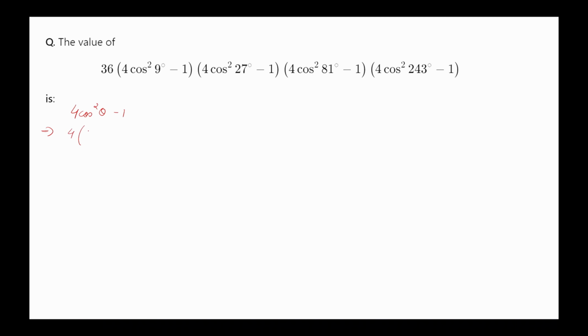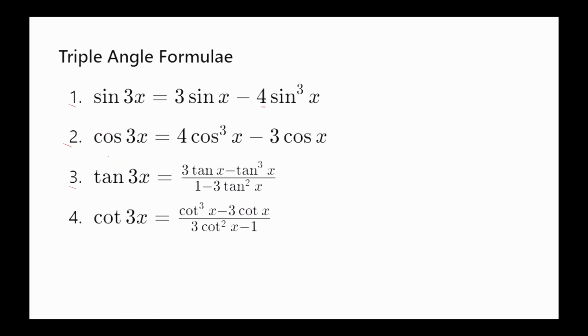So I'll write it as 4 of 1 minus sine square x minus 1. So this would become 4 minus 4 sine square theta, sorry, minus 1. So this becomes 3 minus 4 sine square theta. So now you can see that this is somewhat close to my triple angle formula, which used to be 3 sine x minus 4 sine cube x.